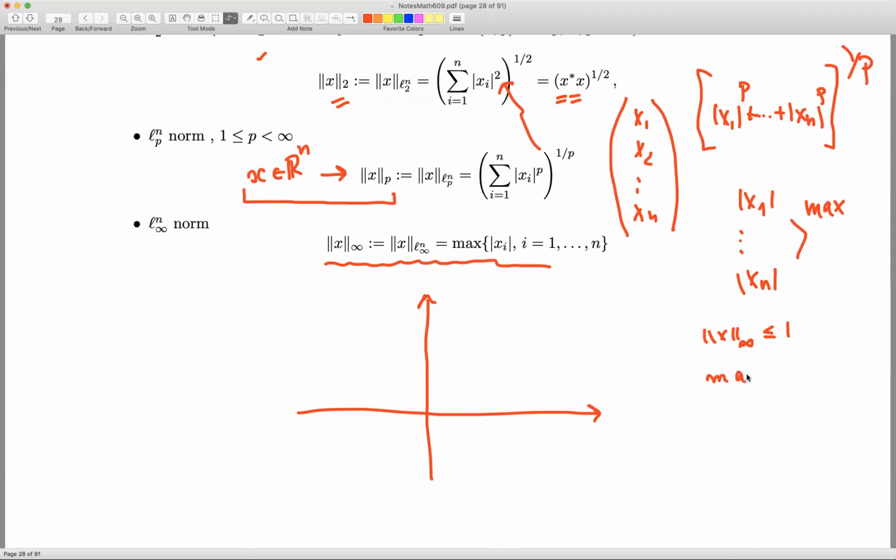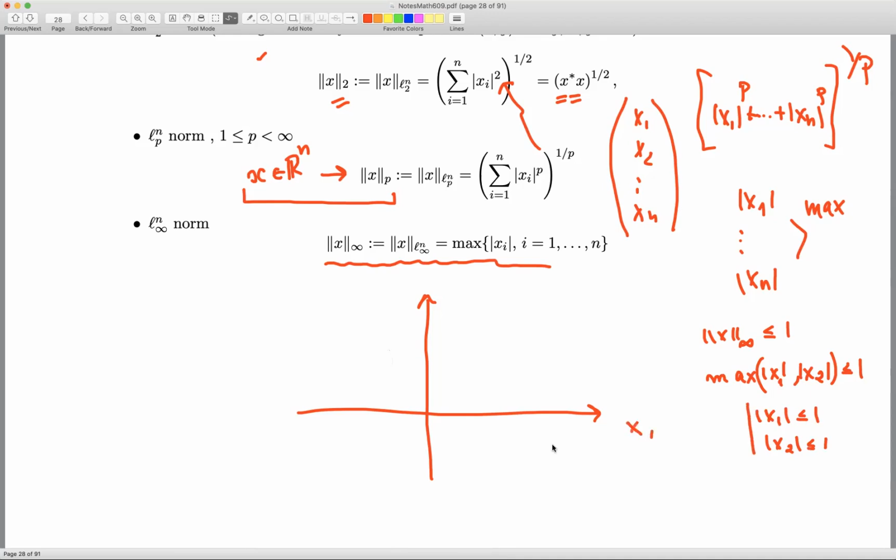That means that the maximum between the absolute value of x1 and the absolute value of x2 is less than or equal to 1. Well, the maximum is less than or equal to 1 if and only if for each of them, the absolute value of x1 is less than or equal to 1 and the absolute value of x2 is less than or equal to 1. So this is considered as a system.